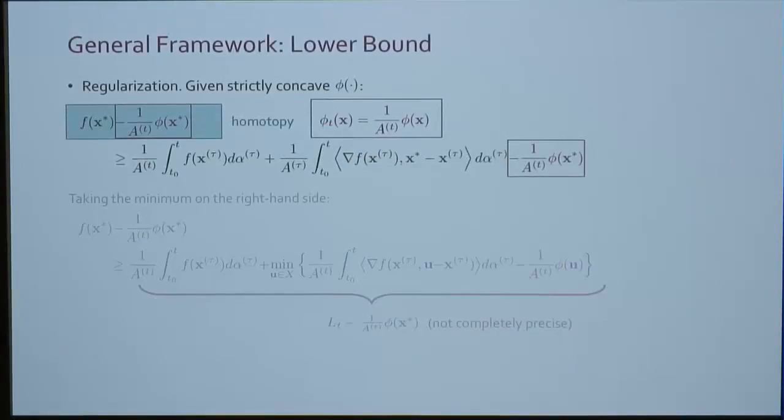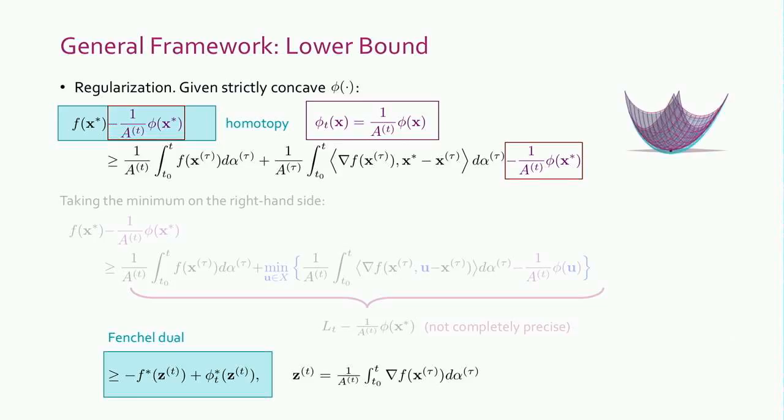So what happens over time if this phi of x star is bounded is that initially this a of t is very small, right? So you may change your function by a lot. But as the time progresses, this a of t is strictly increasing. So your error decreases and you get closer to your original function.